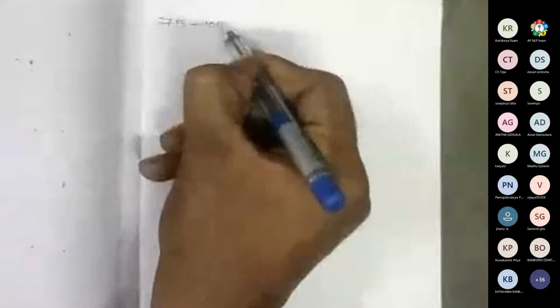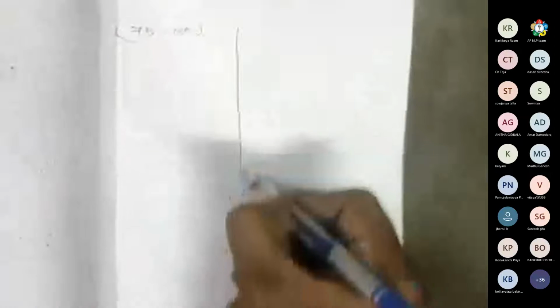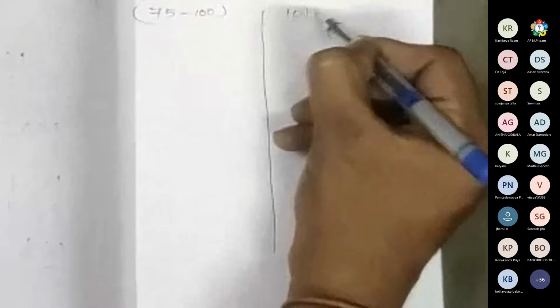For example, if the squares range from 75 to 100 and 101 to 125, what do we have to do? You can ask the doubts also. Right?